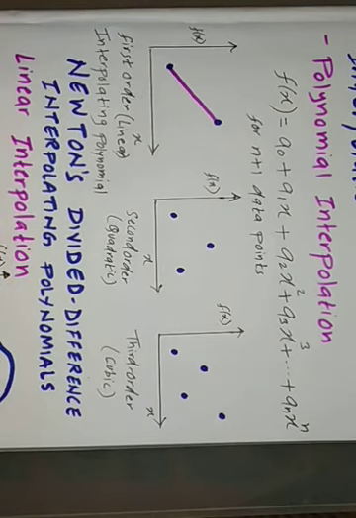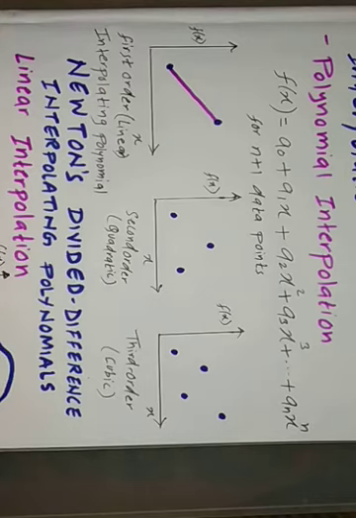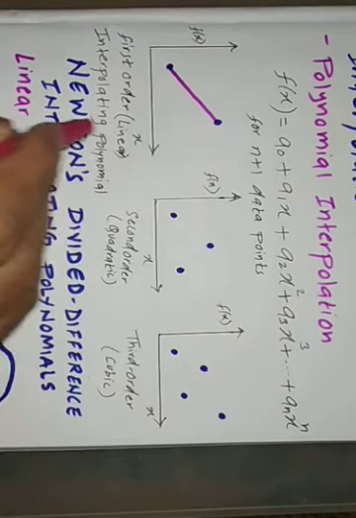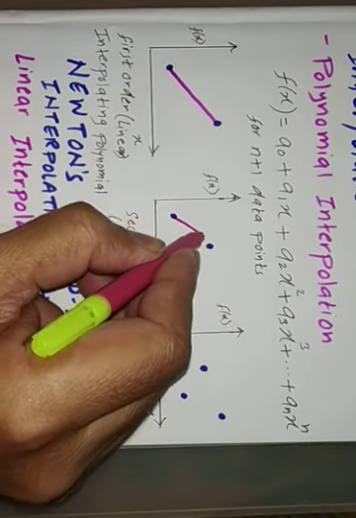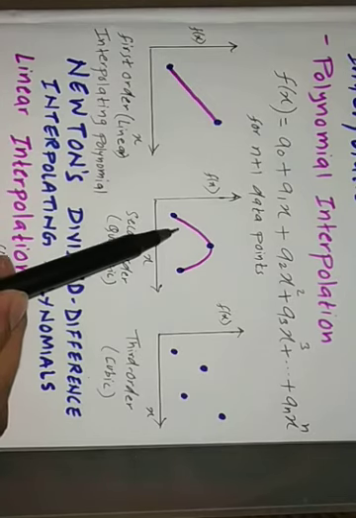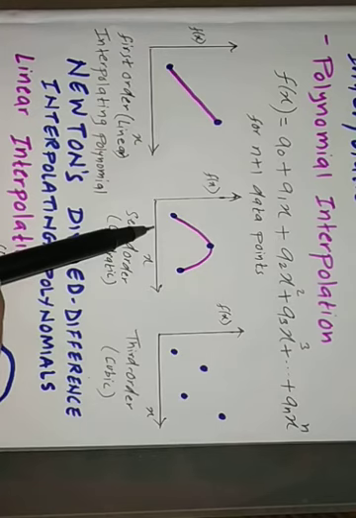Similarly, if we have 3 points, that is n plus 1 is equal to 3, so n will become 2, that is second order or quadratic function. So these 3 points are joined using one second order curve, or say parabola, like this. Here also we can find out any intermediate value of f of x if we put value of x here.